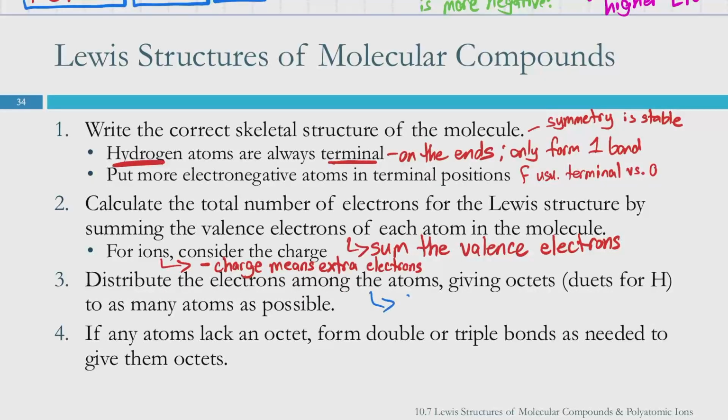The way that I do this is I start with single bonds to connect, because all the atoms have to be connected. So we'll get the minimum number of bonds that we can. And then add lone pairs from outside in.